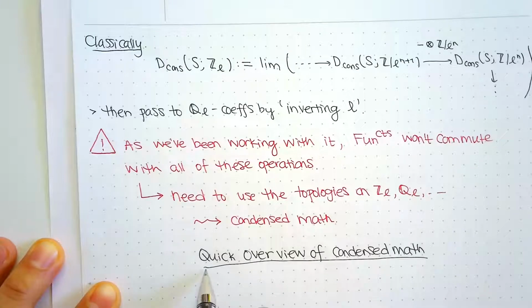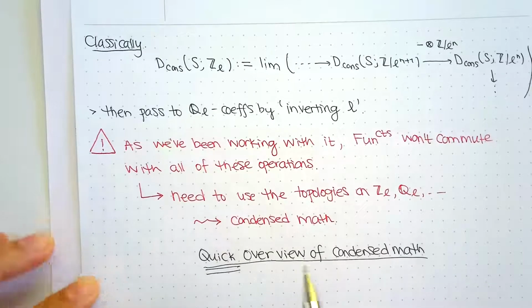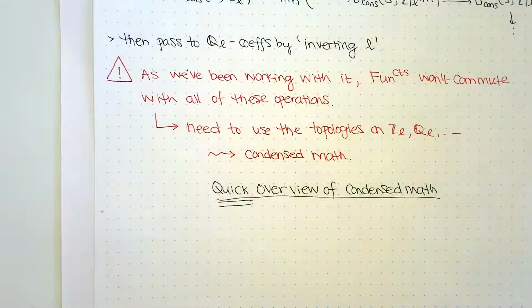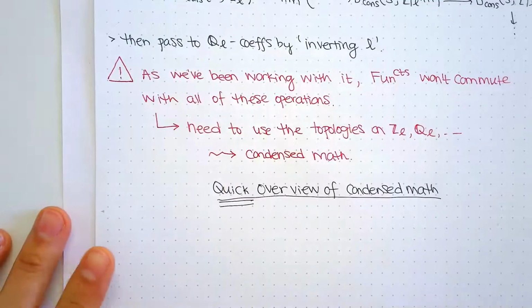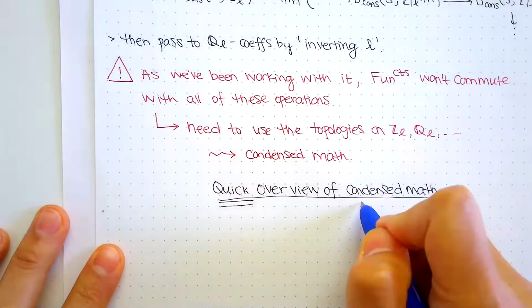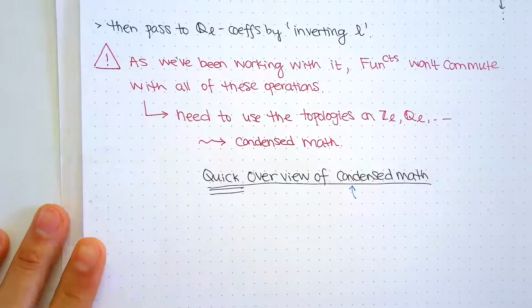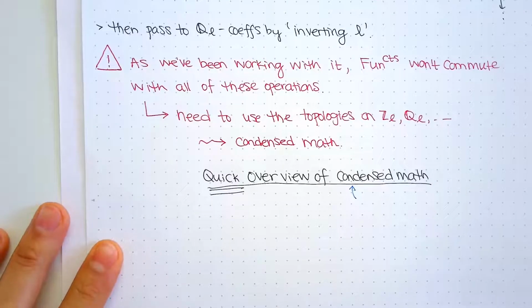Okay, so the emphasis is going to be on quick. It is going to be quite quick. You could talk about this for quite a long time. Another remark is that there are some set theoretic issues that you run into with this theory, and you can treat them in a number of ways.